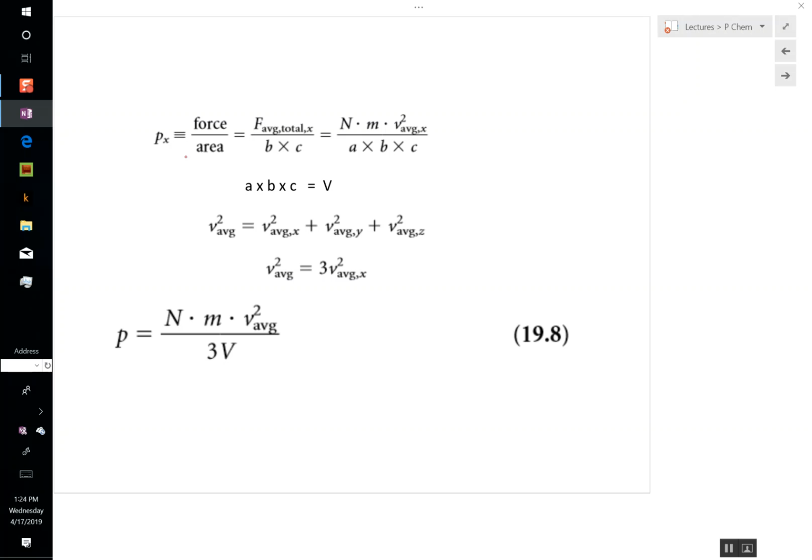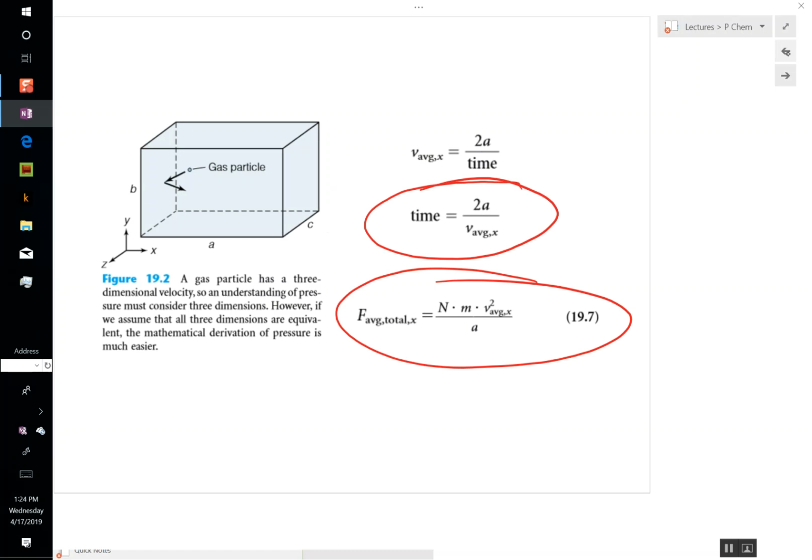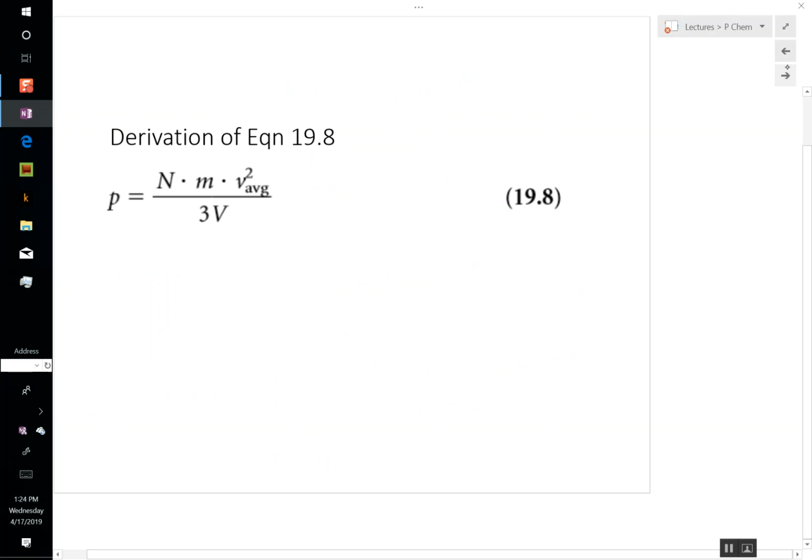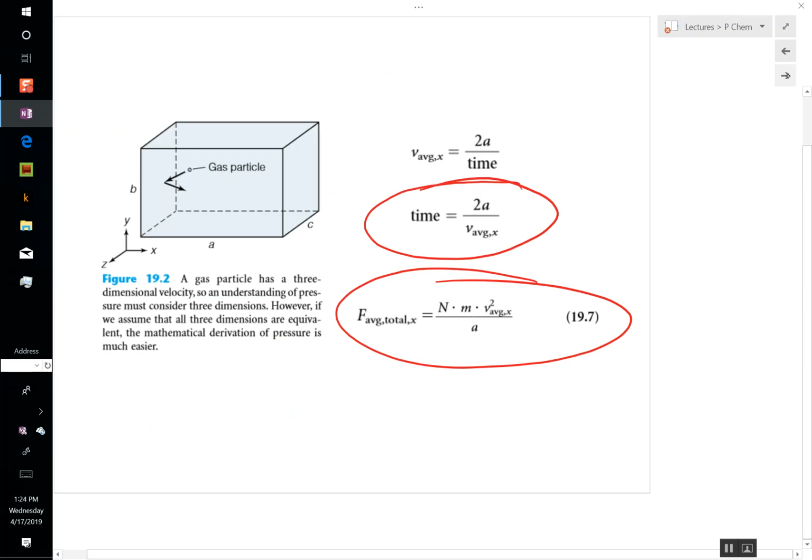Where did that A come from? I know A times B times C equals volume, and I see that average force equals N M velocity squared, so I see where that term comes from. I just don't know how the A gets in there when previously you have B times C. Oh, okay, this A, Liz, is not acceleration.